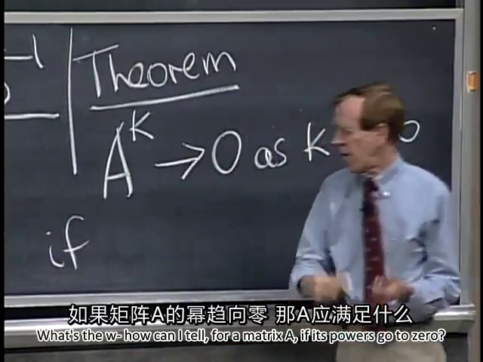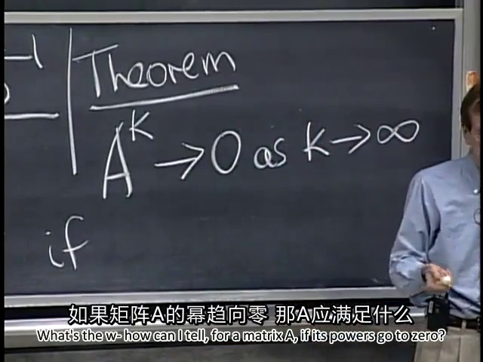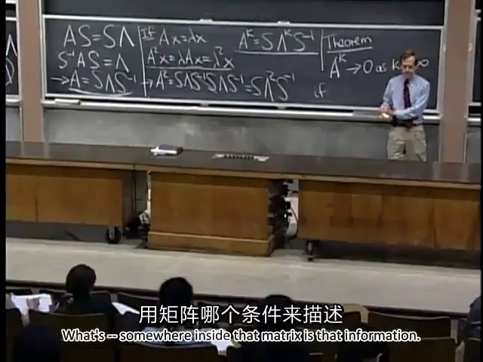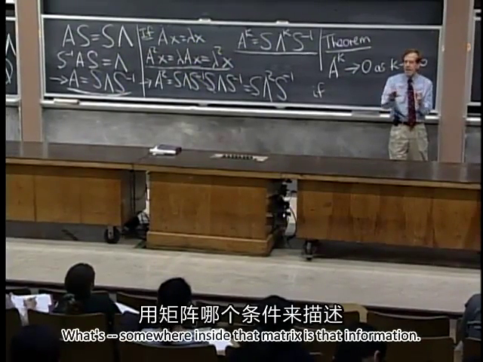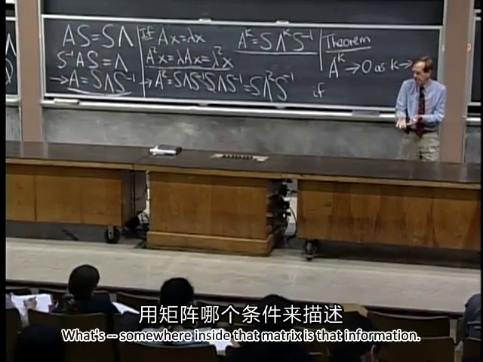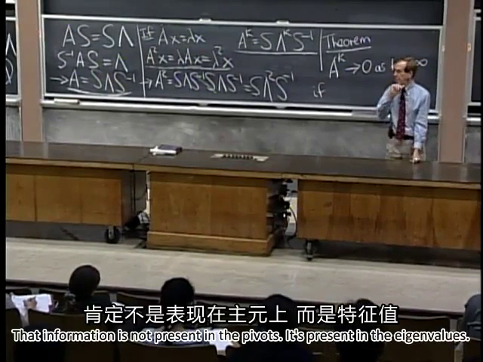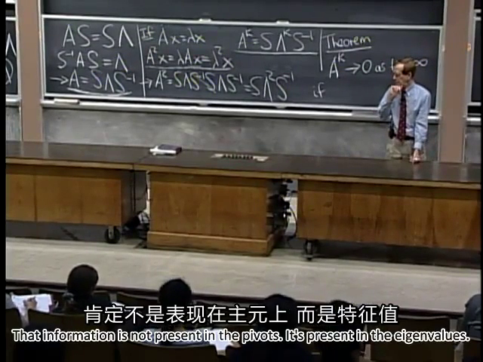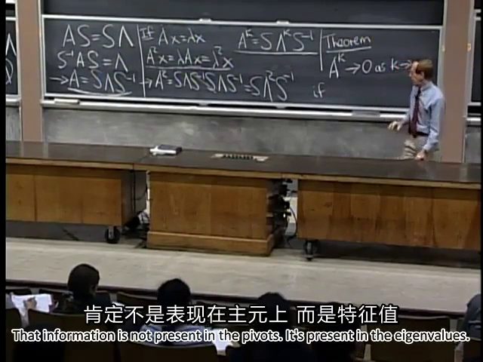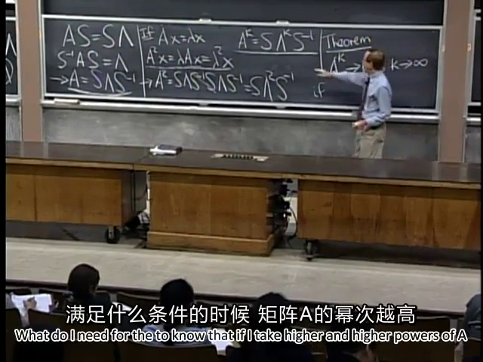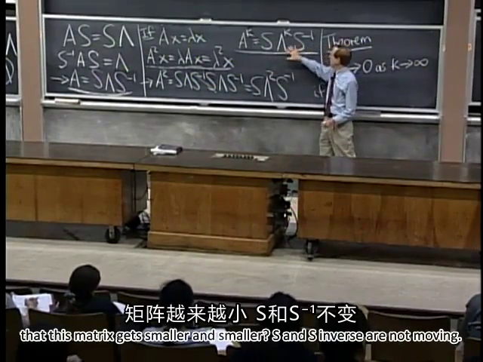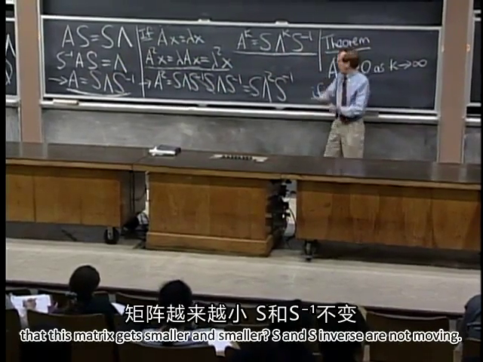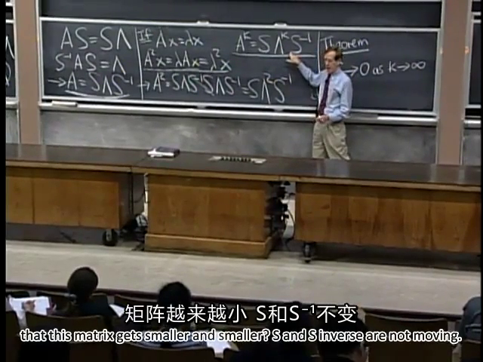How can I tell for a matrix A if its powers go to 0? What's somewhere inside that matrix is that information. That information is not present in the pivots. It's present in the eigenvalues. What do I need to know that if I take higher and higher powers of A, that this matrix gets smaller and smaller? Well, S and S inverse are not moving.